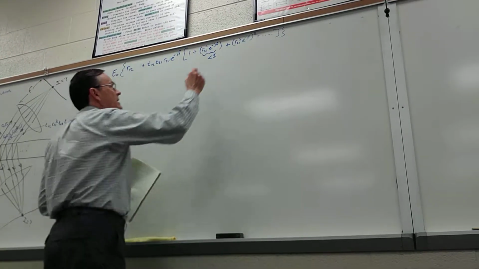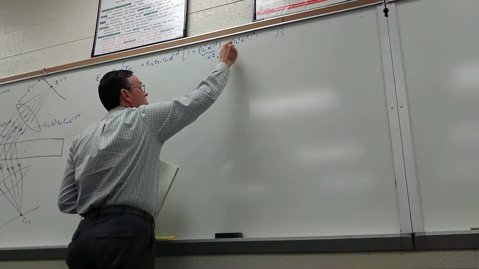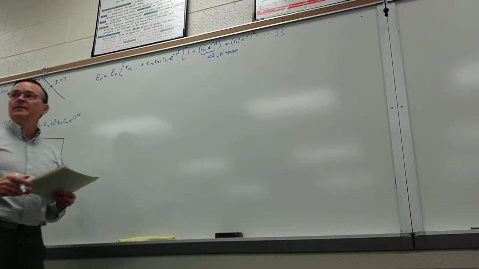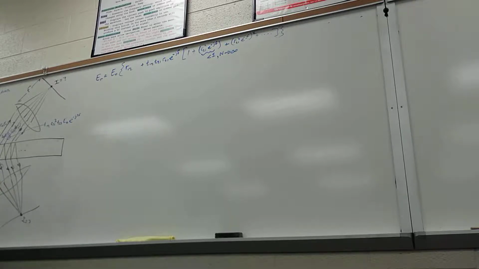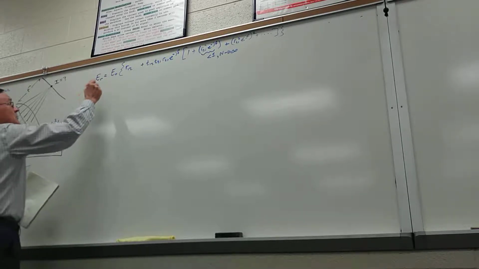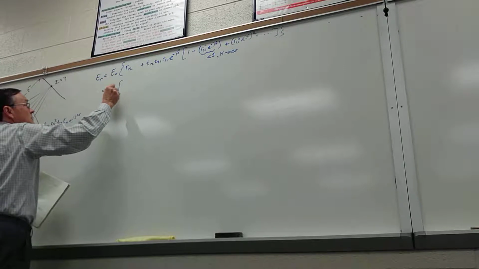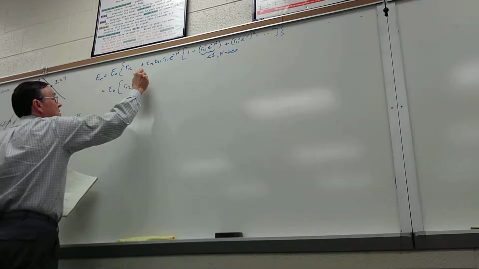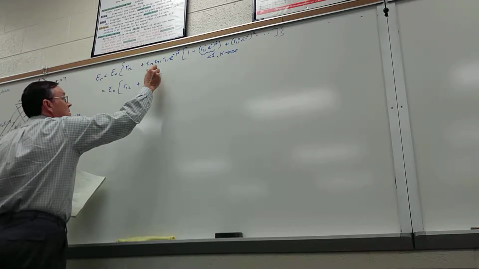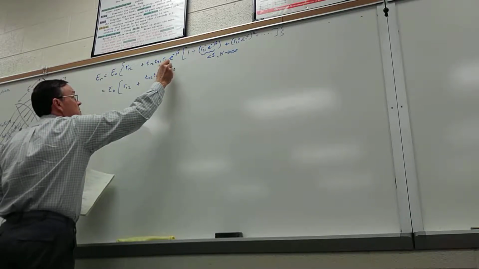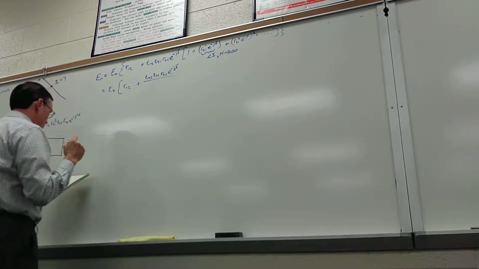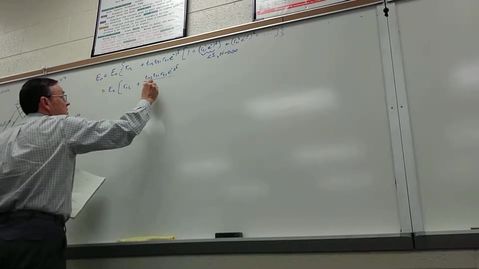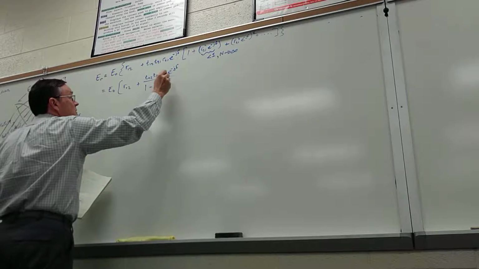If we have that and the number of terms goes to infinity, then that can be summed analytically, which is very convenient. And so we end up with E0 times R12 plus T12 T21 R21 e to the minus j delta over 1 minus R21 squared e to the minus j delta.